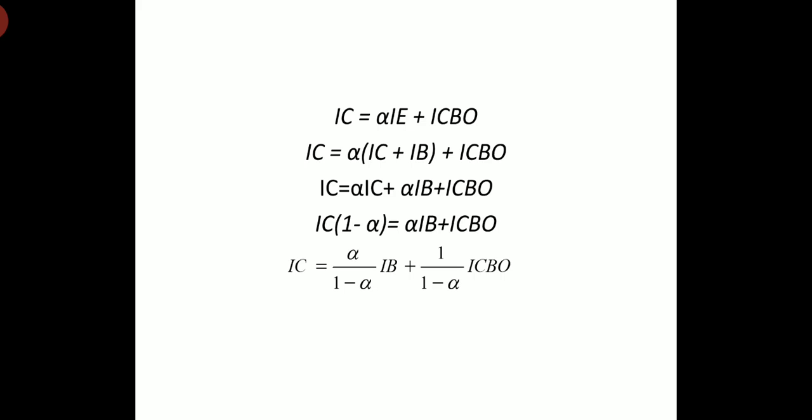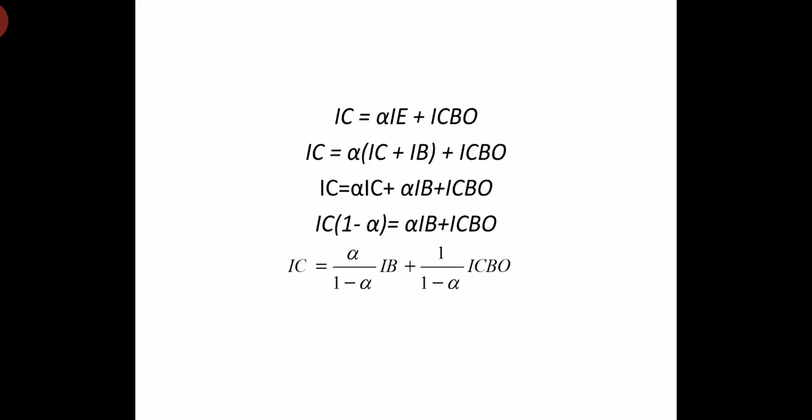So, the last equation you are seeing on the screen, I can write like this: IC equal to alpha by 1 minus alpha into IB plus 1 by 1 minus alpha into ICB naught.